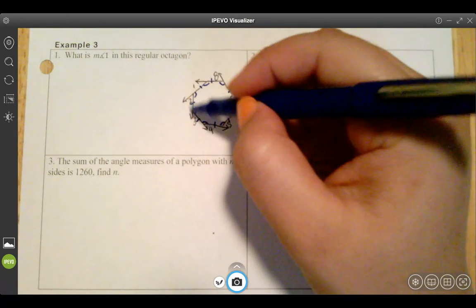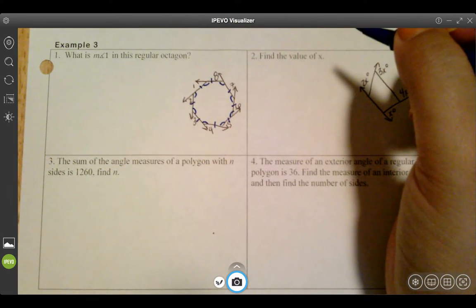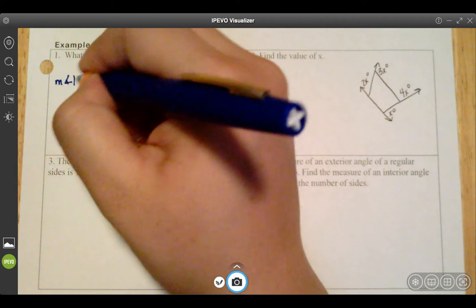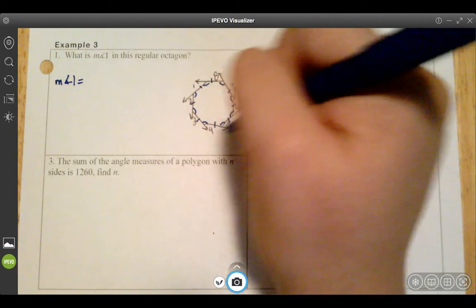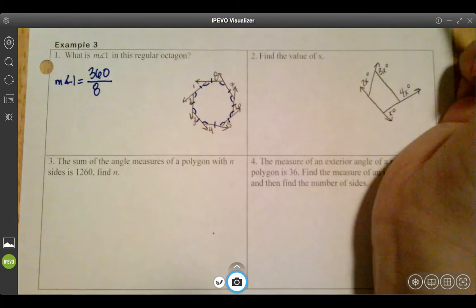So angle 1, 2, 3, 4, 5, 6, 7, and 8 all have to be congruent. And so we can say the measure of angle 1 equals, they all add up to 360, and they're all congruent, so I can divide them by how many there are.